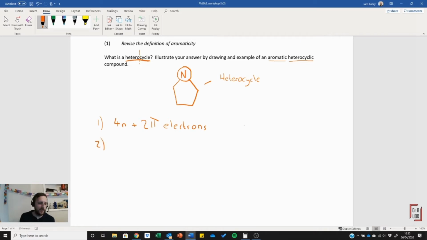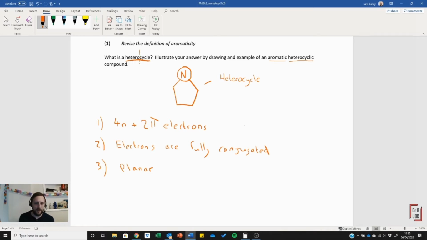Secondly, the electrons are fully conjugated, and again we'll look at what that is. And number 3, it's planar in configuration. So they're the 3 rules that you need to apply to say whether something is aromatic or not.